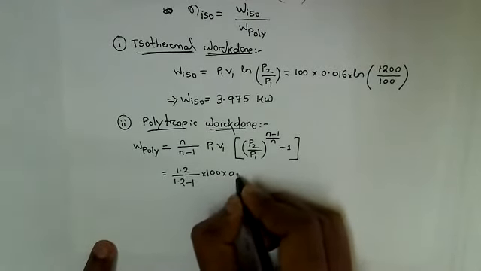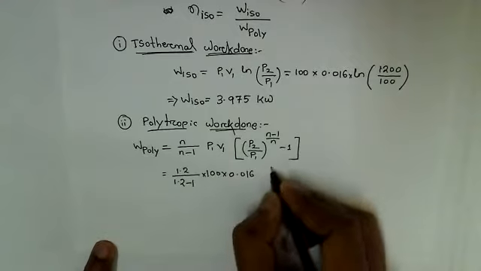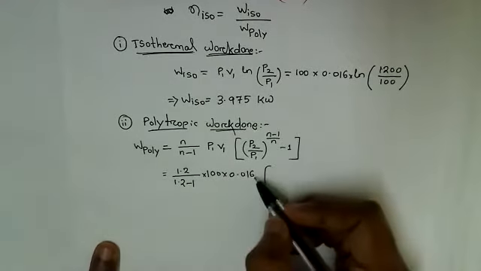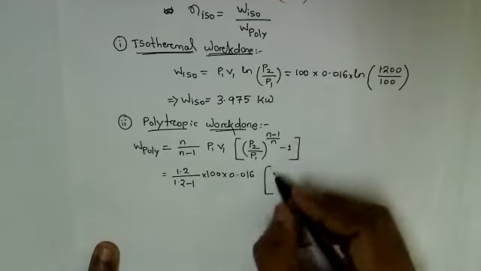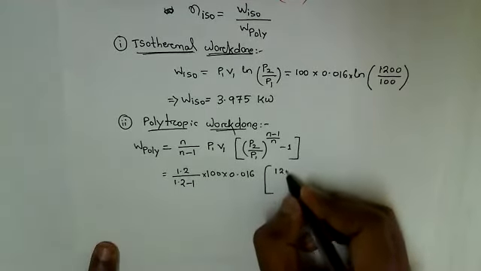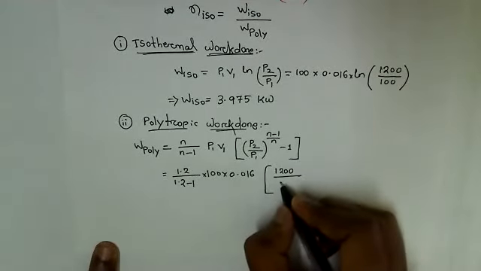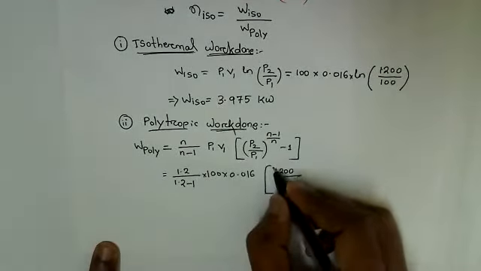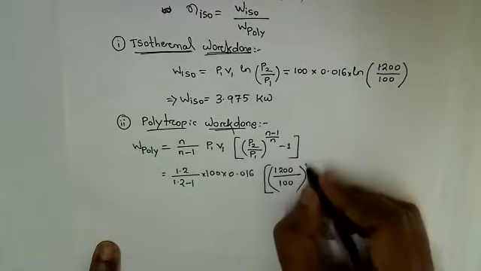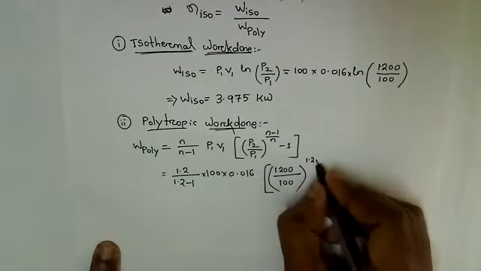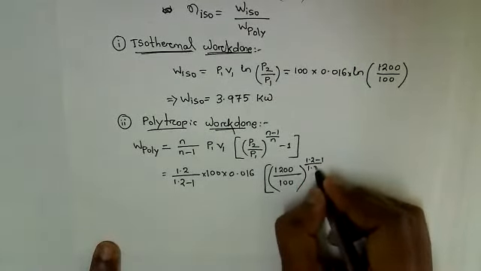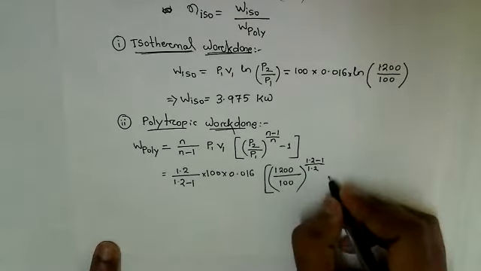P1 was 100 kilopascal, V1 was 0.016. But up to 3-4 decimals you take this volume, then you will get the correct answers. P2 was 1200, P1 was 100, whole to the power n minus 1 by n, that means 1.2 minus 1 whole divided by 1.2, minus 1.